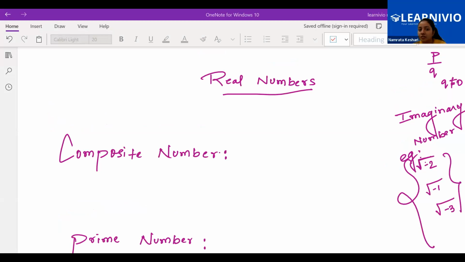So real number is still not covered, right? Ziana? Yes, Ziana, is it covered? Please let me know. Is it covered in your batch, real numbers?